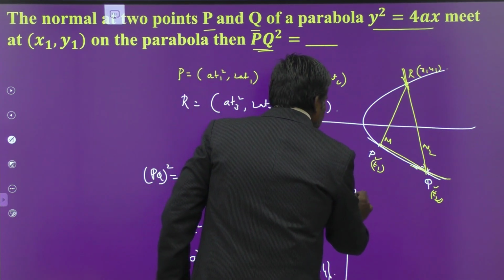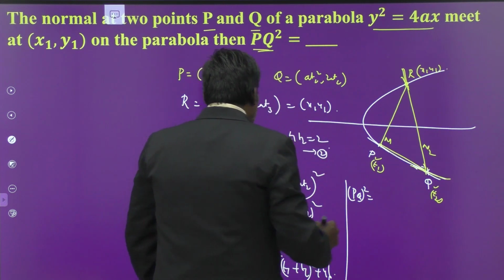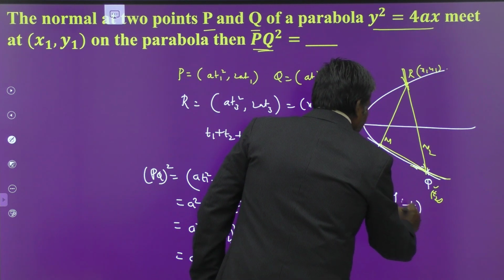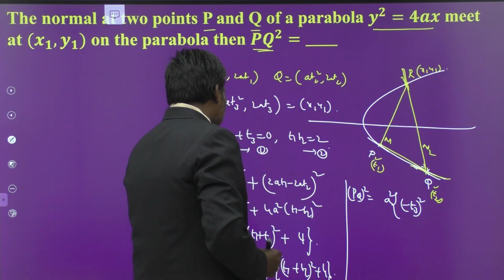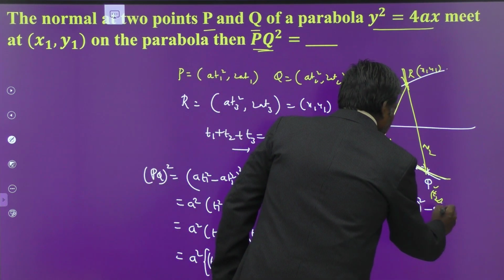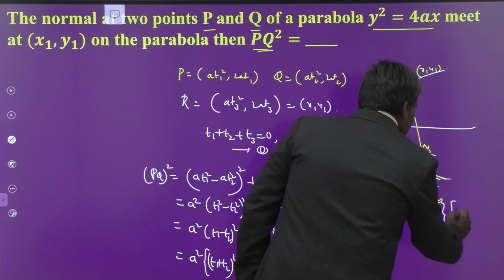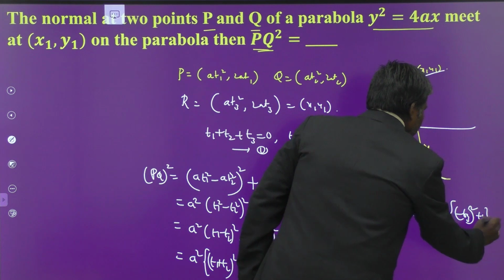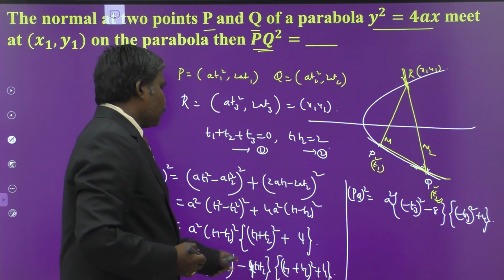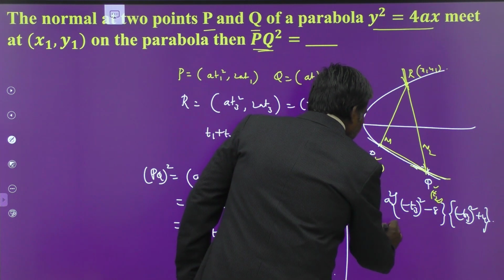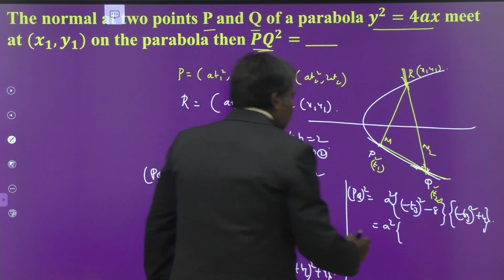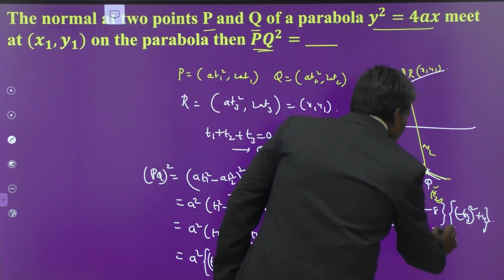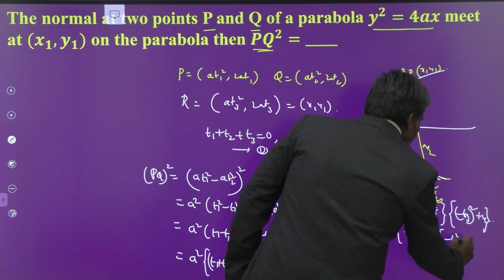We obtain PQ square is equal to a square into ((minus t3) whole square minus 8) into ((minus t3) whole square plus 4).